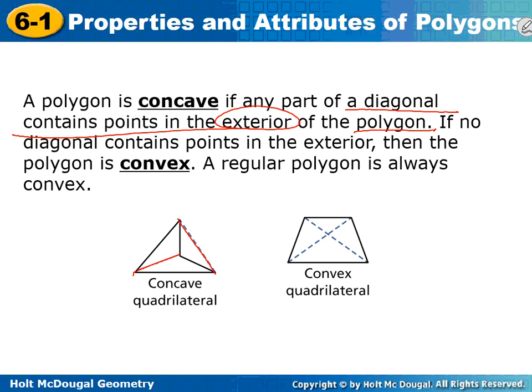But if you look at this one, every diagonal is inside the shape, so it's convex. So concave, I think of it as just caving in on itself. The vocabulary definition you need to know is if any diagonal is outside the shape, it is concave. If every diagonal is inside the shape, it is convex. Does that make sense? Okay. So convex diagonals are always inside. So no diagonals are outside.